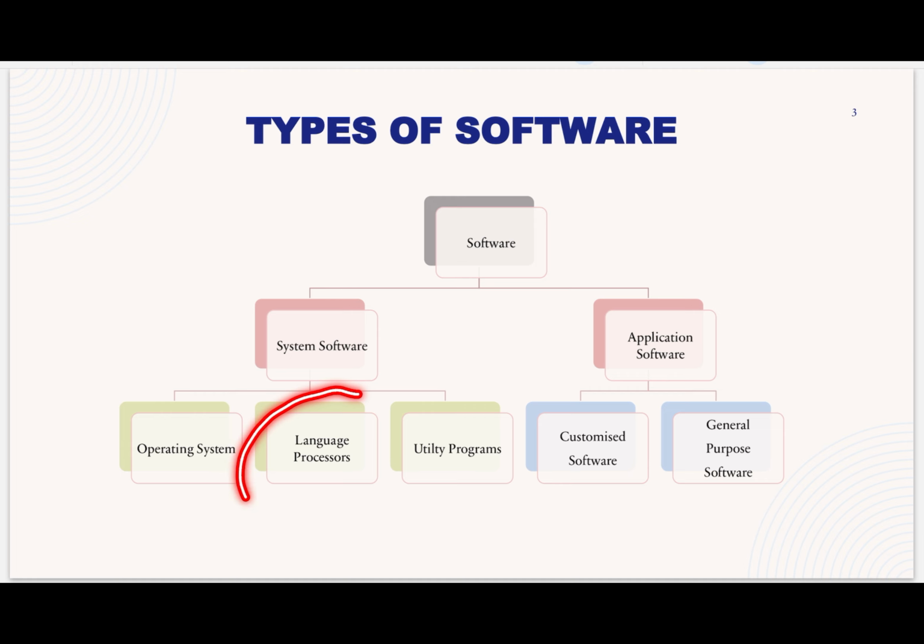Then language processor, in which we learned about interpreter and compiler, right? And afterwards, in the next video we will learn about utility programs. Till now, thank you. Have a wonderful day ahead. If anyone has any query, comment down in chat. I will solve it. Thank you once again, class. Have a wonderful day ahead.